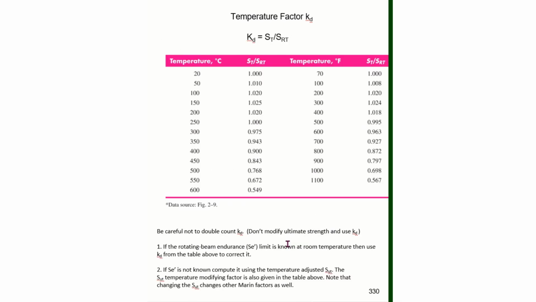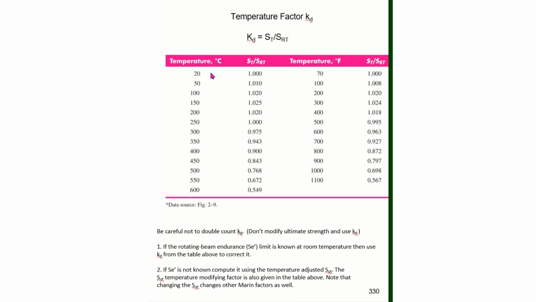The next factor that we want to talk about is the temperature factor, Kd. This temperature factor is quite easy to apply, but care needs to be taken when doing so. The basic idea is to look down the temperature column, then come over and get St over Srt, which represents the Kd value.